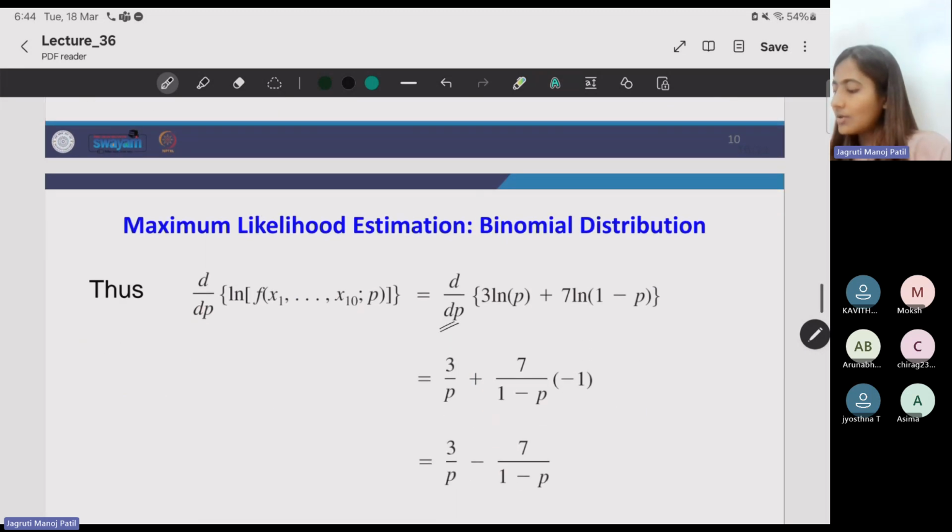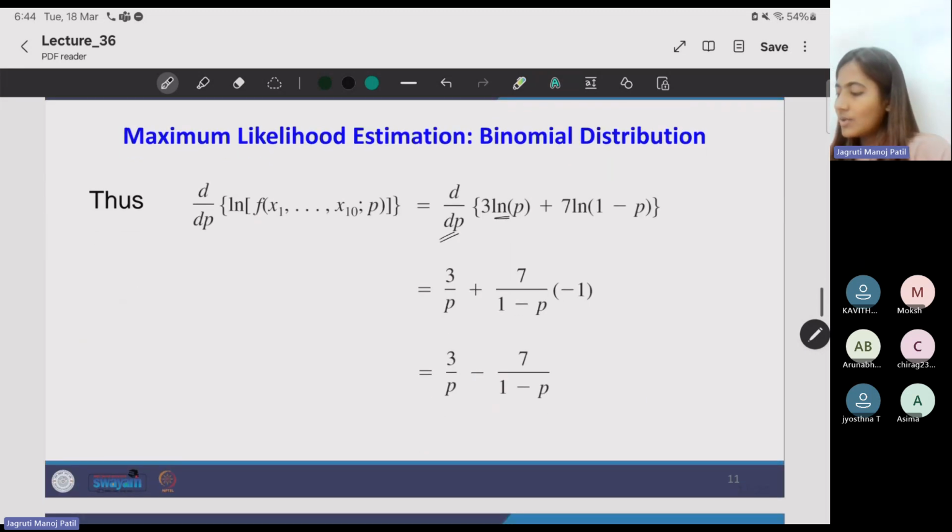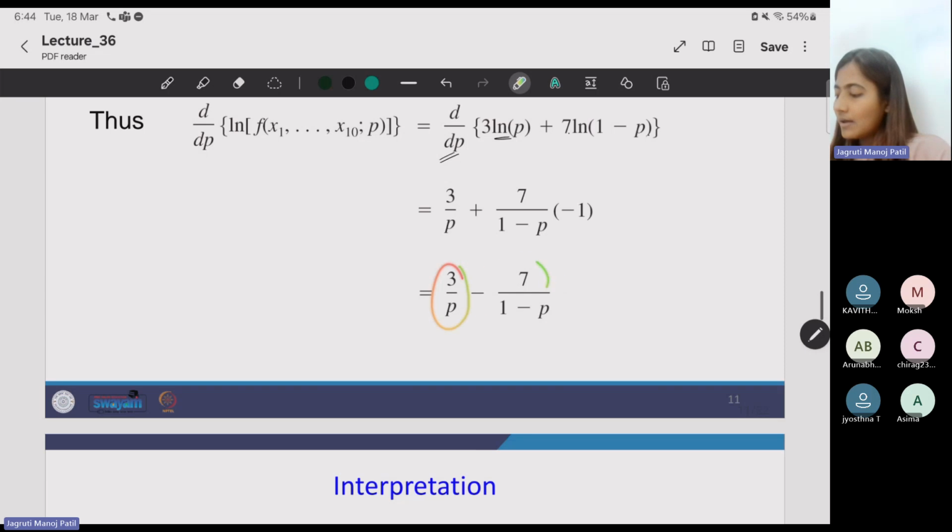Now you differentiate it. Differentiation gives you 3 by p, and 7 by 1 minus p, and for 1 minus p you again differentiate, so that would be minus 1. So what you have is 3 by p minus 7 by 1 minus p.